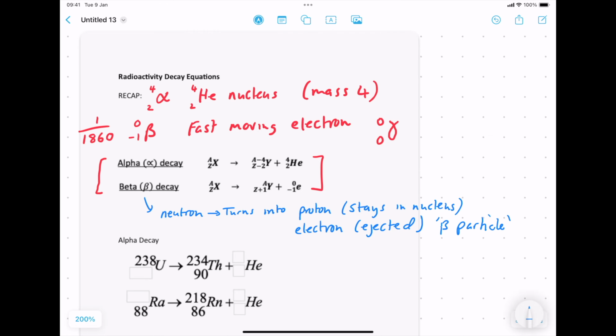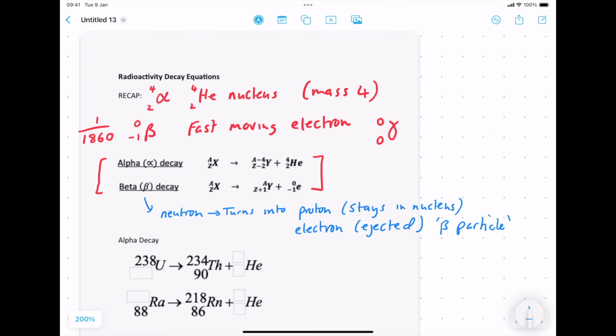So we can write beta 0, -1, and then it's going to turn into something which has an atomic number of 44, and the mass number stays the same at 99. So what is 44? Well, I have my periodic table next to me, and if you look at the element next to it, it's Ru, which is ruthenium.